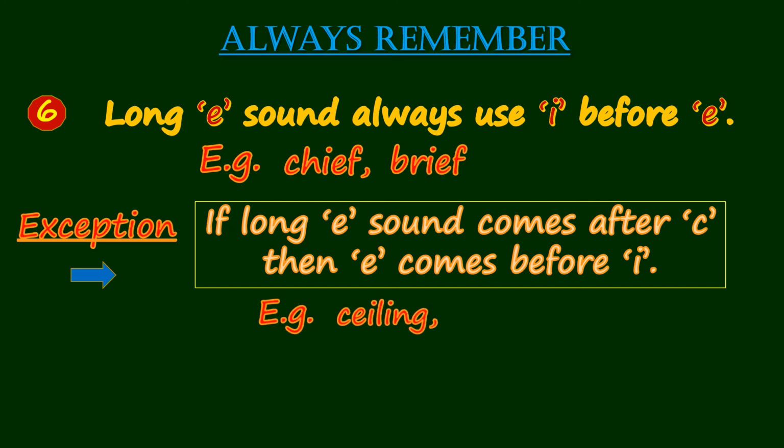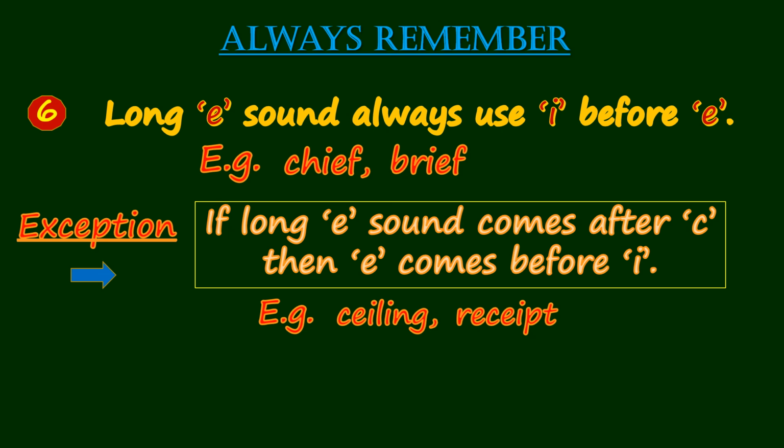Let us take an example to understand better. Look at this word ceiling. Again, long sound of E. But before this long sound of E, which letter do we have? We have C. So since we have C, we will first write E and then I. The next word is receipt. Generally we get confused when we write the spelling of this word receipt.